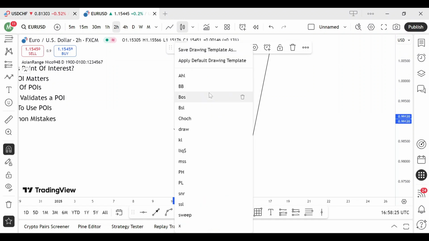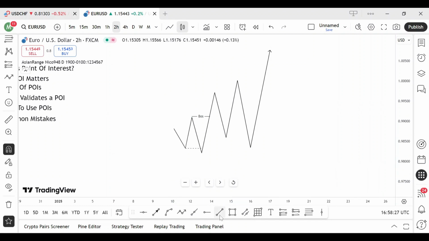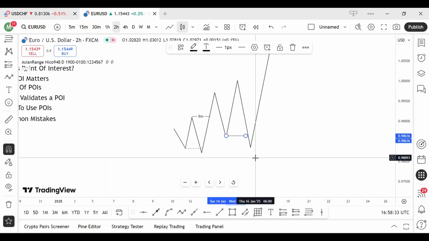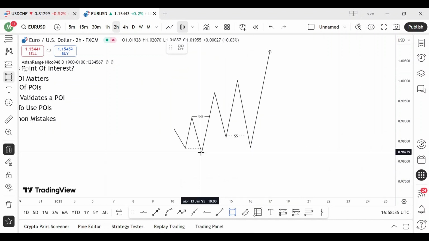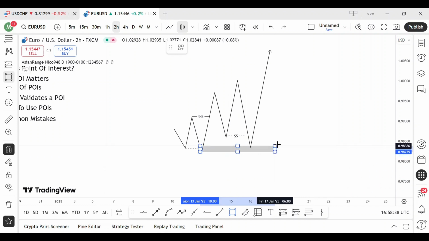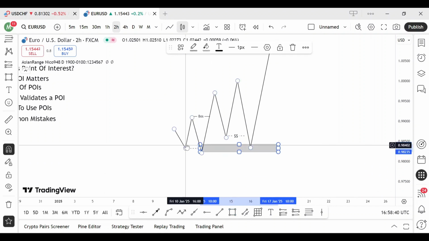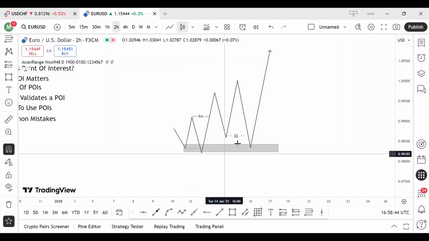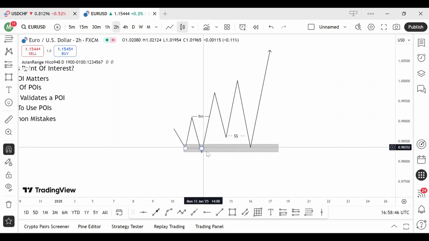Let's mark this out as a break of structure, BOS, and we have here our liquidity zone. This zone right here may be a demand zone, or you can use this other zone right here, a breakout block. This zone becomes your POI.